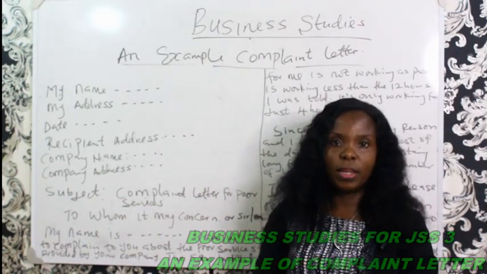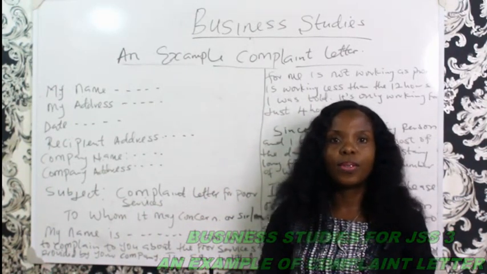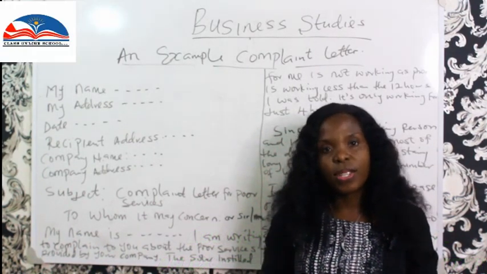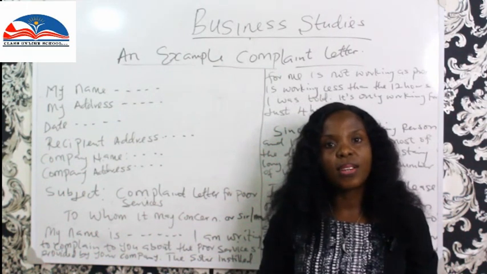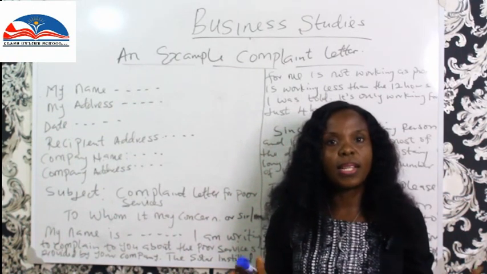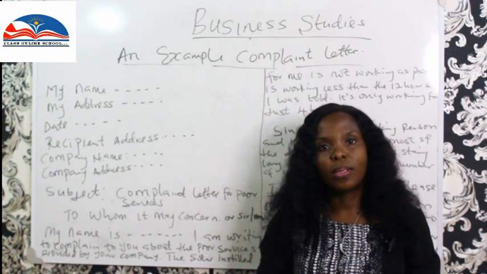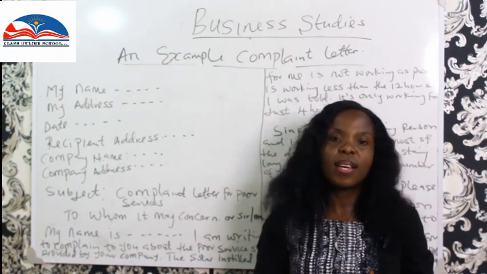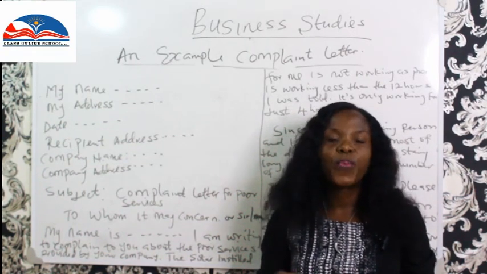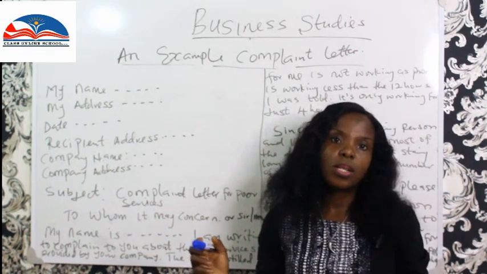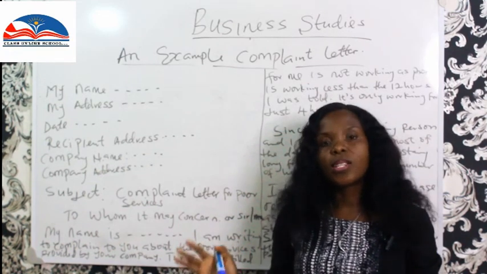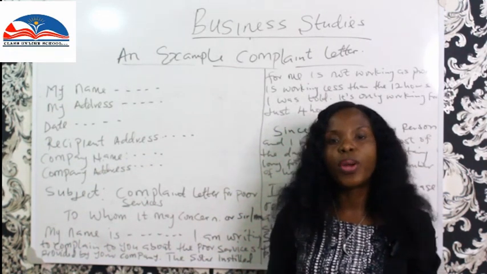In writing a letter of complaint, we are going to have the sender's name, the sender's address, the recipient's name, the recipient's address and company, the salutation, the body of the letter, then the conclusion. Now let's look at the board and see a sample of how we can do that.